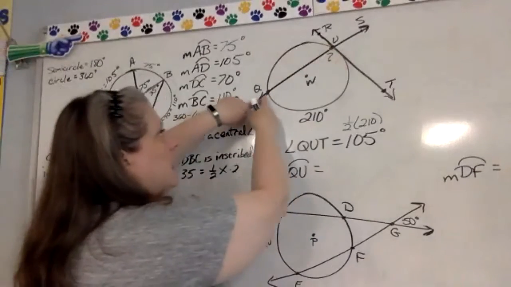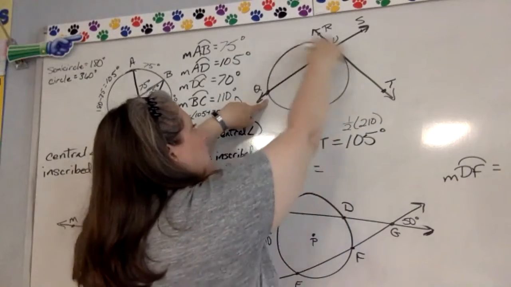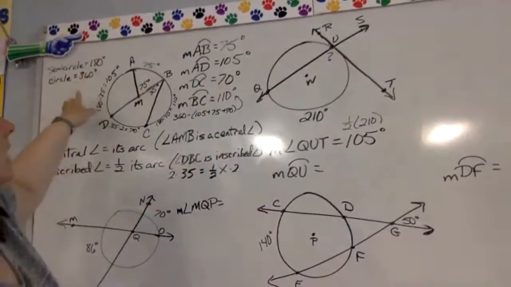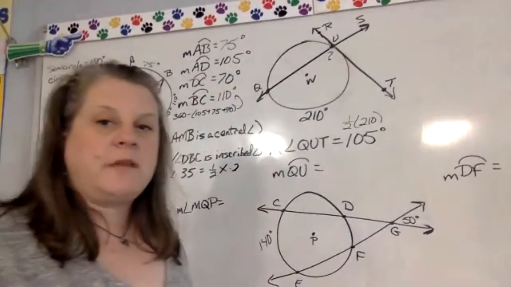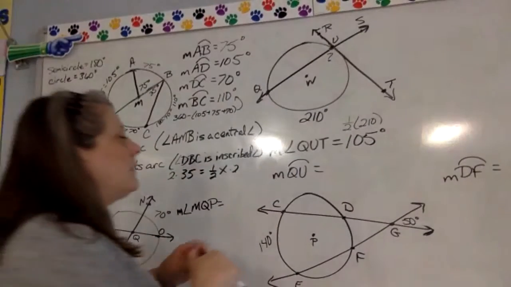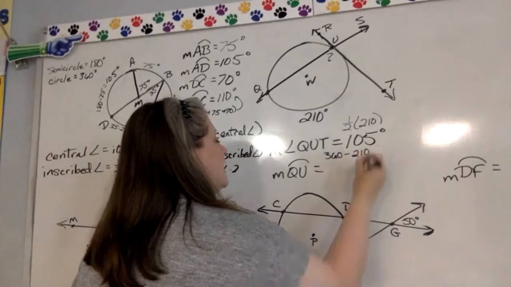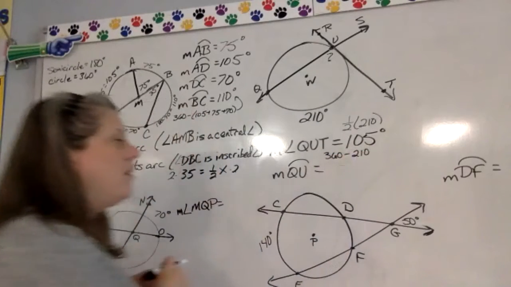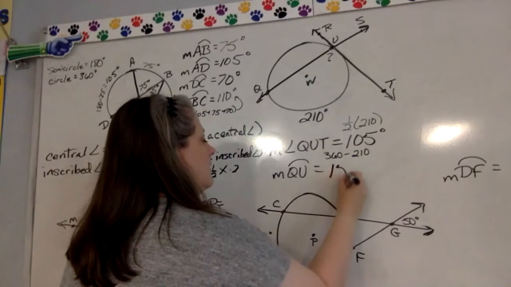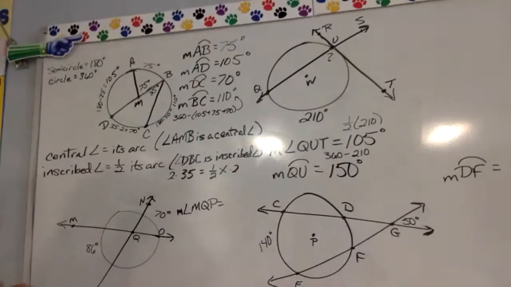So if from here to here was 210, and I want to know this part, I'm going to do similar to what I talked about over here. I know the entire circle equals how many degrees? 360. So I'm going to take 360 minus 210 to get my arc QU, which will be 150 degrees.